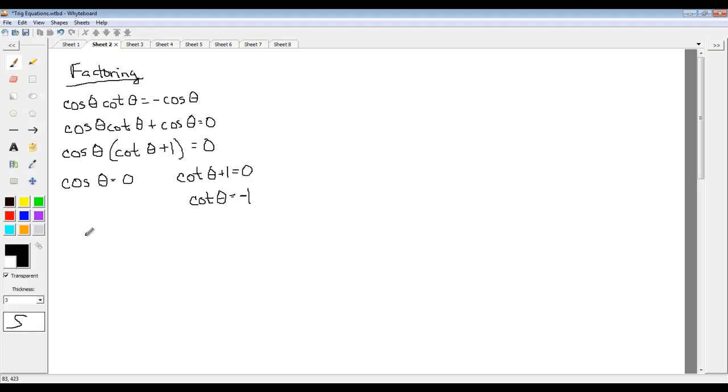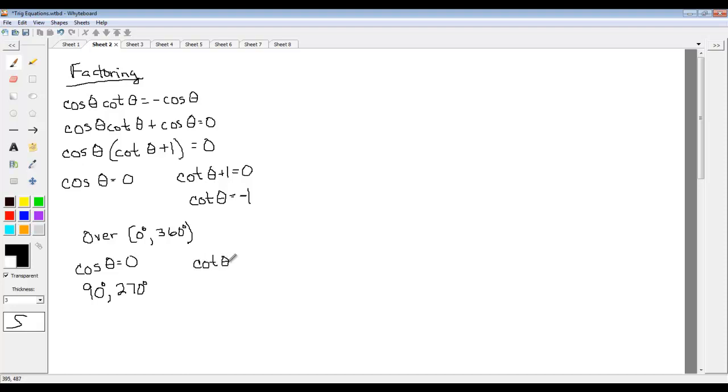Okay, so let's say we need to solve these over the interval from 0 to 360, 0 degrees to 360. Well, cosine theta equals 0 on that interval at 90 degrees and at 270 degrees.